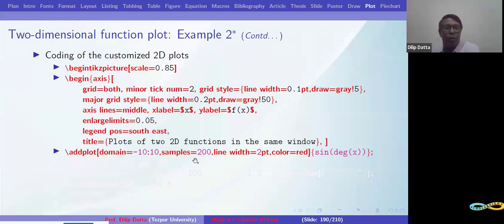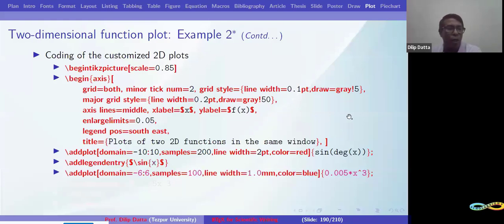Samples equal to 200 means I use 200 points. Line width 2 point, color red, as before. Now for this, what will be the legend entry? It is sin x. So I have written the mathematical function in dollar signs.